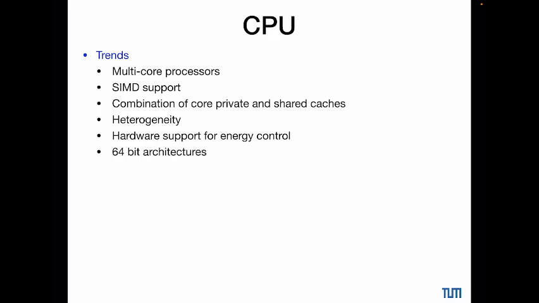So then another trend is heterogeneity. So the processors actually not only have the same cores, but might have different cores together, because that is a general trend. If you want to get faster, you actually have to specialize, right? So you actually specialize your hardware for the computation that you have to do, and by that you get faster and probably with less energy consumption.